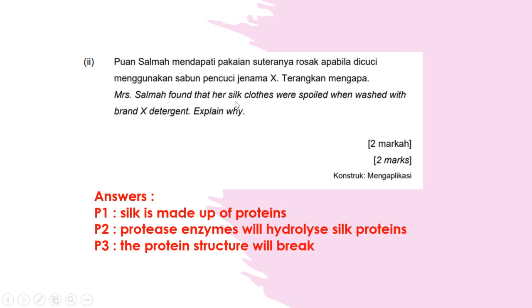So when Mrs. Salma washed her silk clothes with brand X detergent, in the brand X detergent there is a protease. So what happens when there is a protease? Protease will break down the protein. Okay, so this is the suggested answer.